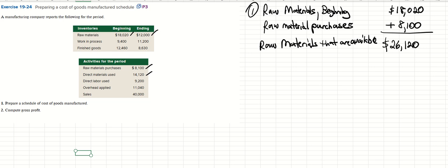Now, we're provided our ending balance for raw materials, but out of what's available for use, they already give us the number. It gives us a direct materials used of $14,120. So I'm just going to go ahead and subtract $14,120 from the $26,120, and that's going to be our direct materials used.